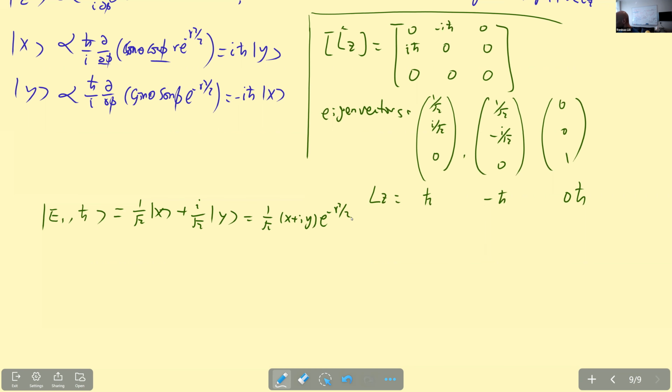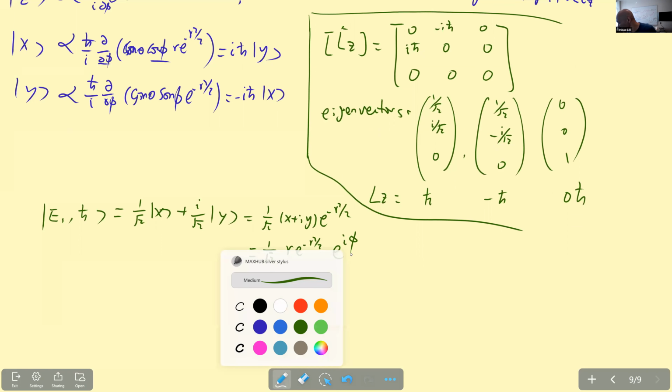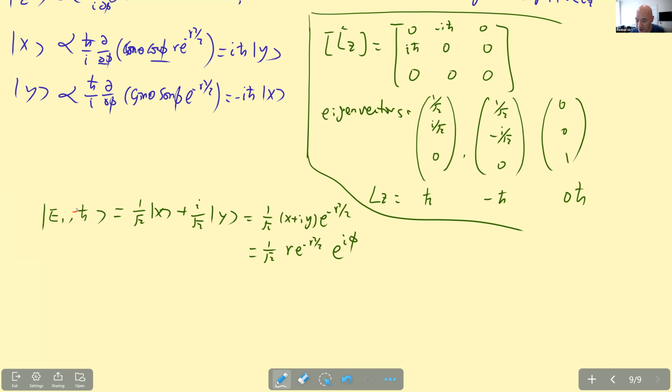Okay. So this one just equals 1 over square root of 2 r e to minus r squared over 2 times e to i phi. And if you have another eigenvalue, say if it's a minus sign, so you can have plus or minus, and this will be minus, right? And this will be minus. This will be plus or minus.